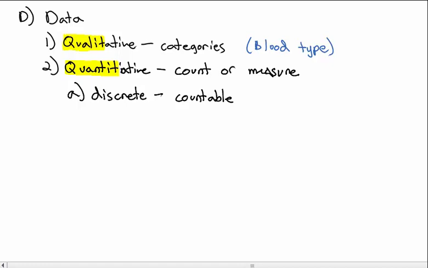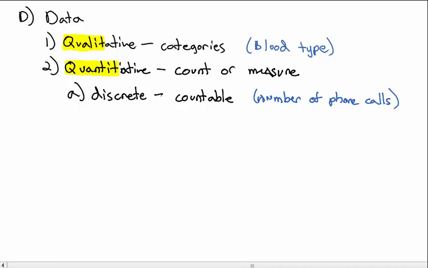An example of discrete quantitative data might be the number of phone calls a call center receives. That's discrete quantitative. It's a number, it's countable, it's discrete. What's important about discrete is you're not going to get the in-between values.